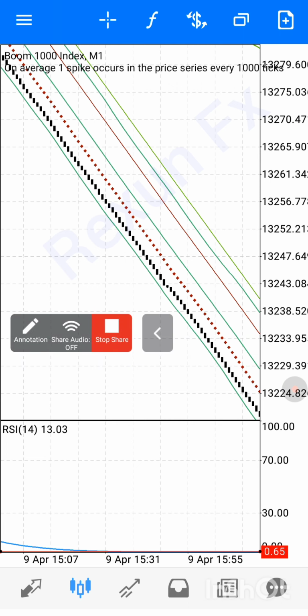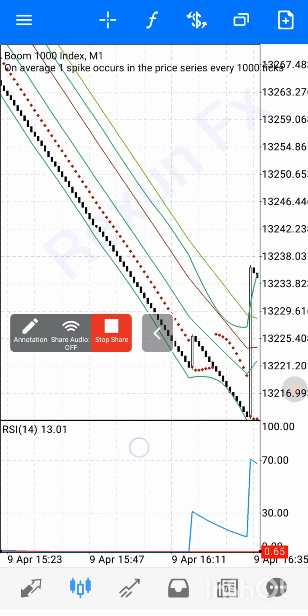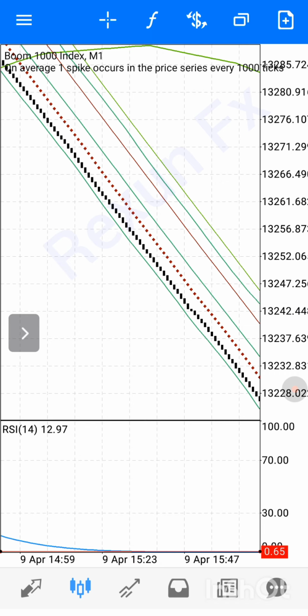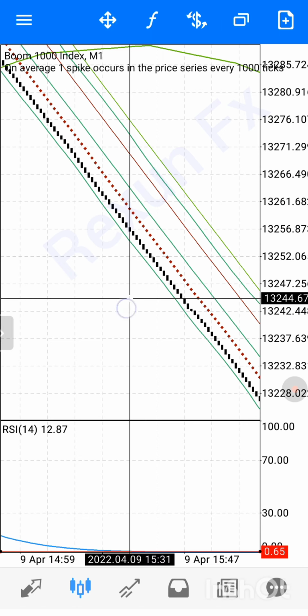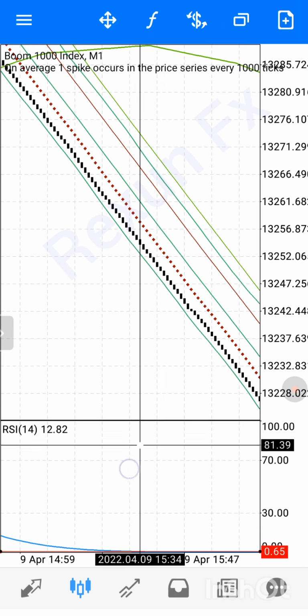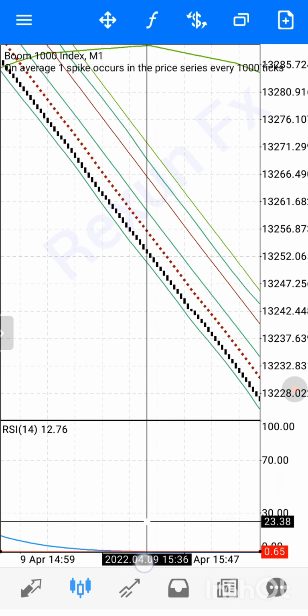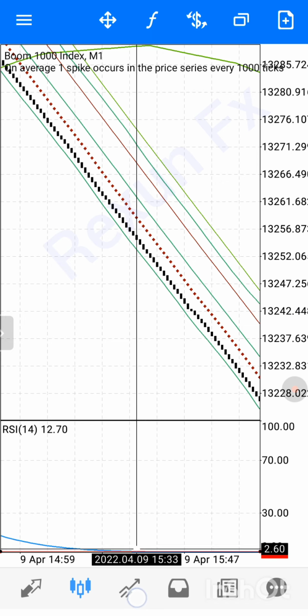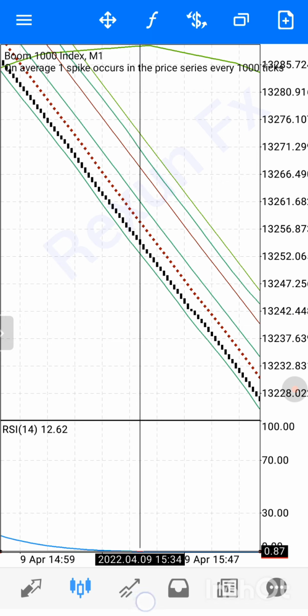Now this strategy, we only enter our trades when the market comes. We only contemplate entering our trades when the RSI goes below zero, right? So from the zero point, this area, you understand?